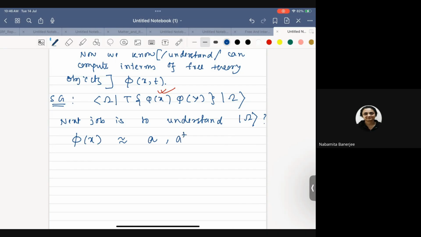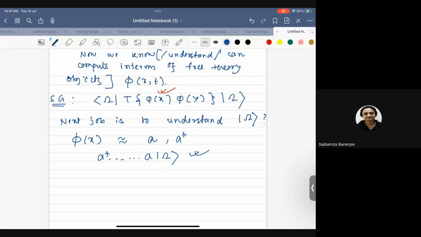But expressing in terms of a and a dagger is only useful if these guys act on 0, some bunch of a dagger acting on 0. They do not know this state. They don't understand what their action would be on this state omega. So I'm still not done.